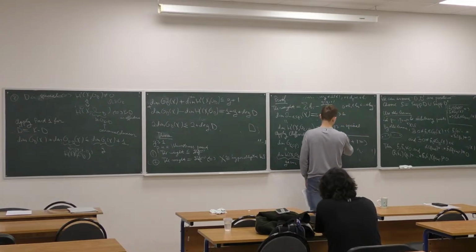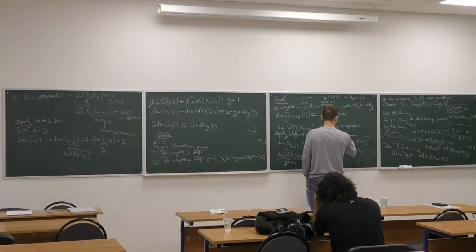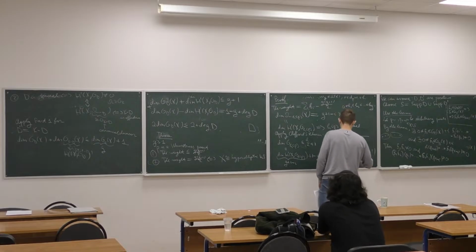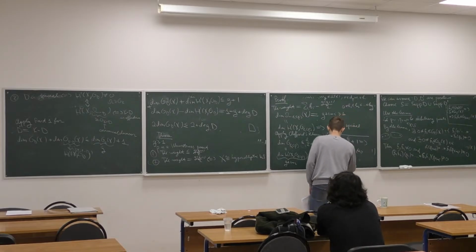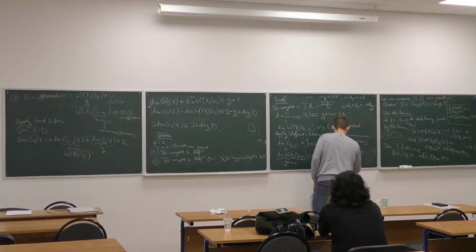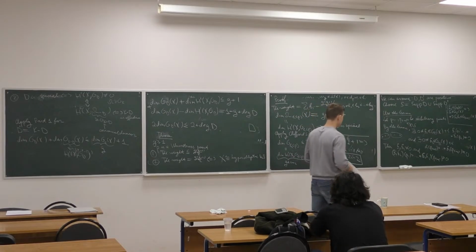Moving b_i to the left hand side, b_i over 2 is less or equal than i minus 1, so b_i is less or equal than 2i minus 2. So we get a non-trivial result.